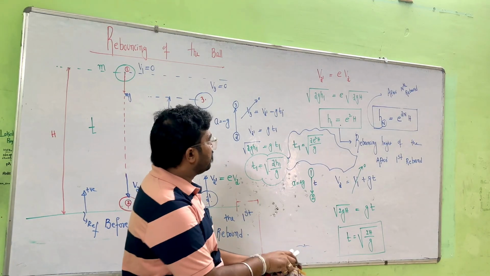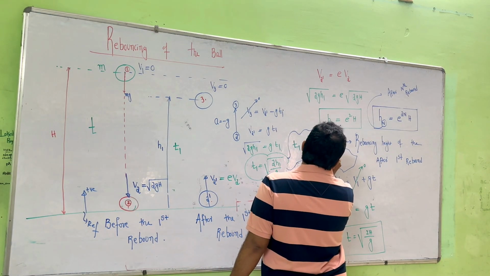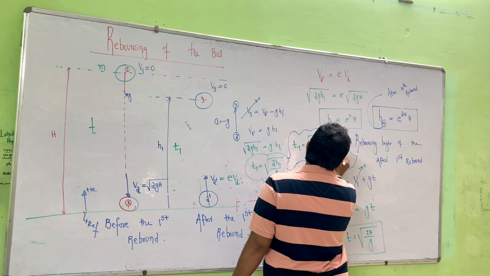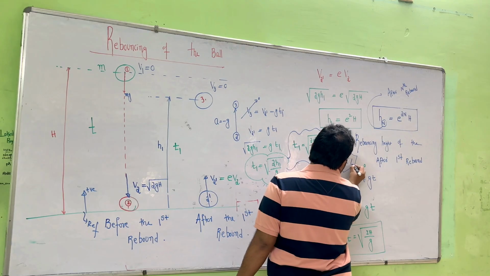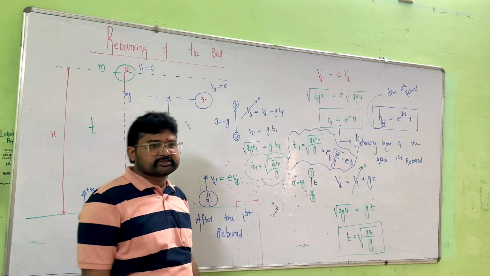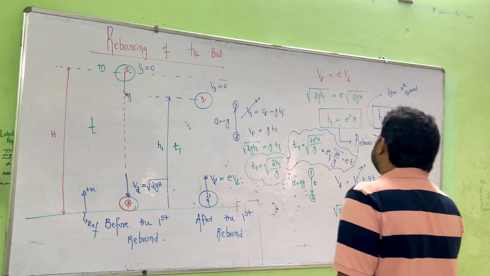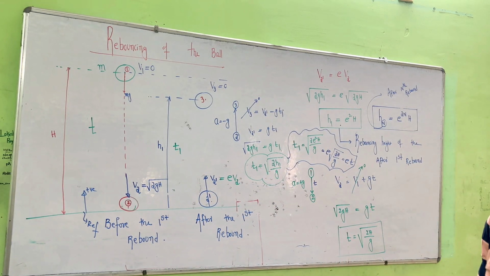Then you can confidently write e times the square root of 2H by g, which equals e times t. So t1 equals e times t.